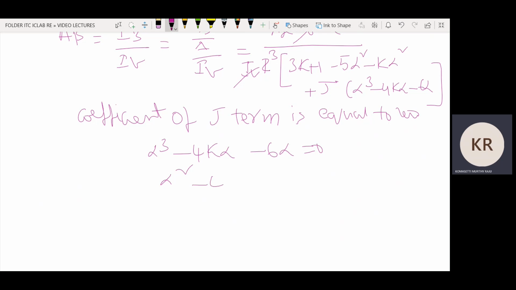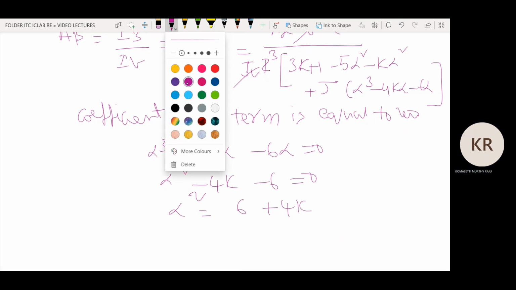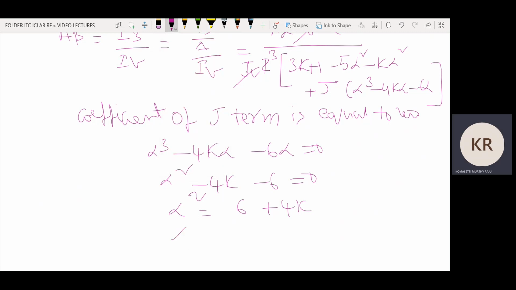Alpha square minus 4k minus 6 is equal to 0. Alpha square is equal to 6 plus 4k. Therefore, alpha is equal to square root of 6 plus 4k.